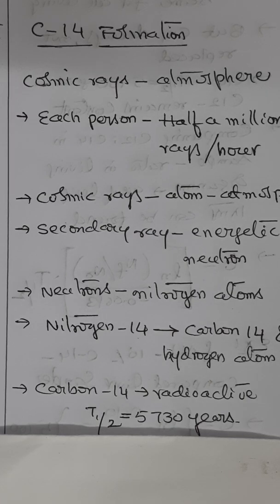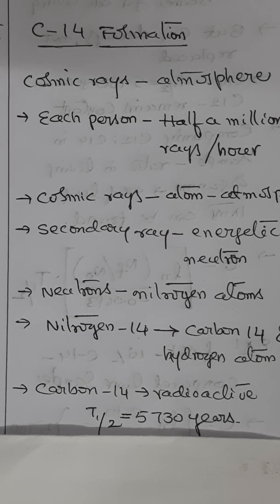And a hydrogen atom is also released, which has 1 proton and 0 neutrons. So this is how carbon 14 is being formed.